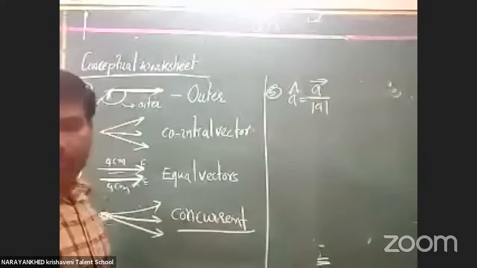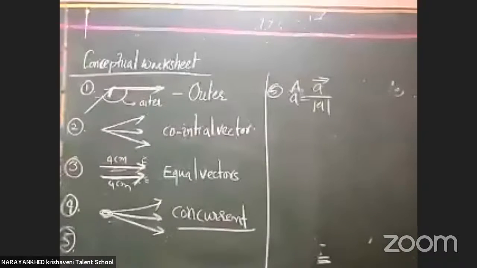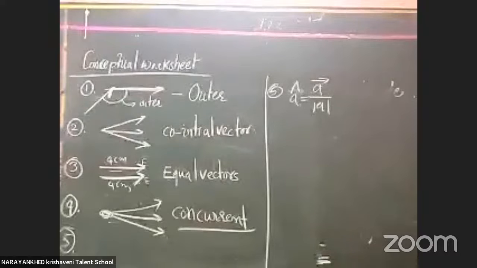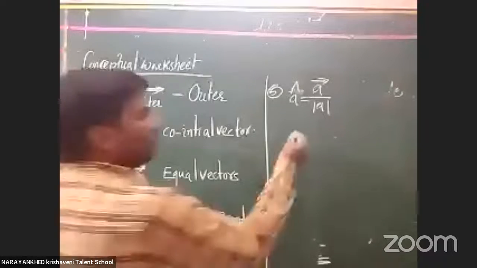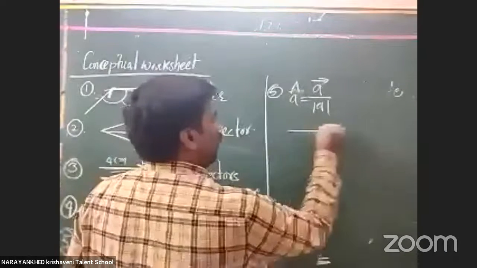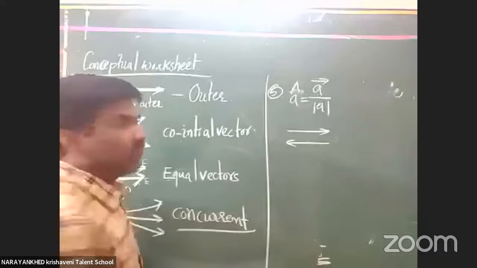Clear or not, all the students? And null vectors are nothing but the sum of opposite vectors. This is a null vector.